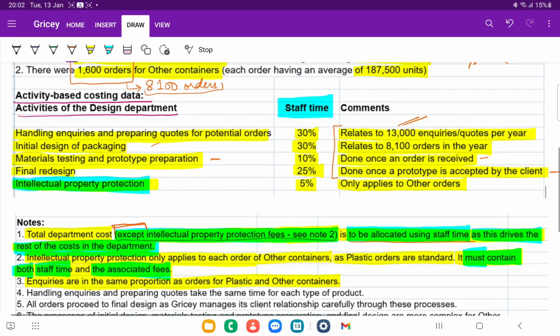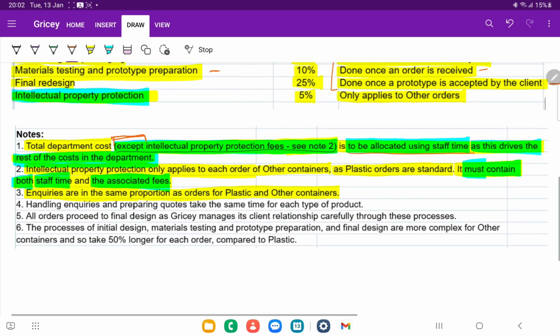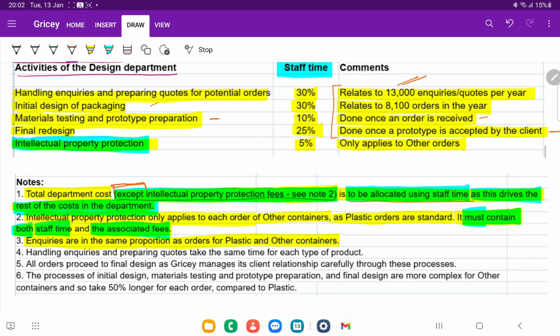So you may assume that the 13,000 is also in the proportion of 6,500 to 1,600, right? Then they are saying handling inquiries. So inquiries is this one, right? Handling inquiries and preparing quotes take the same time for each type of product. So both of these points are actually related to handling inquiries. Now what's next? Next is interesting.